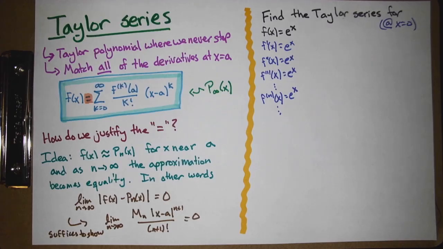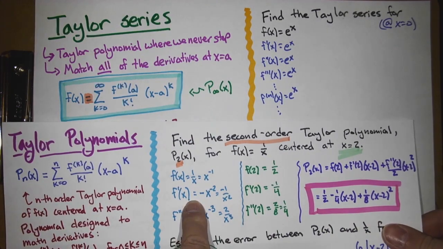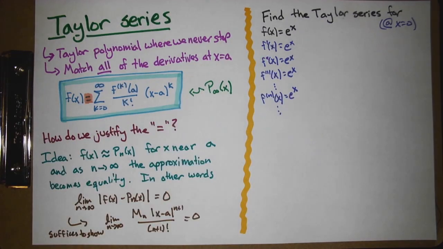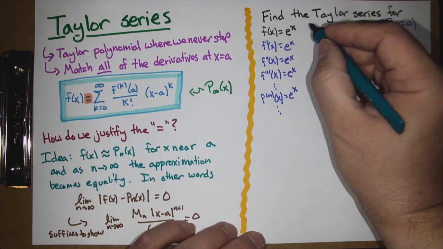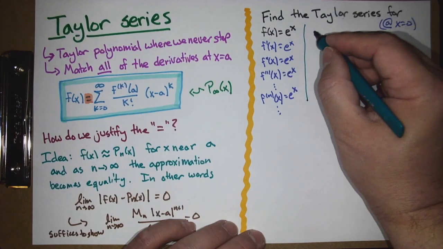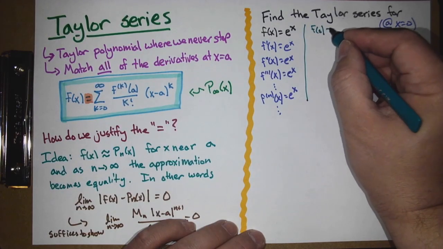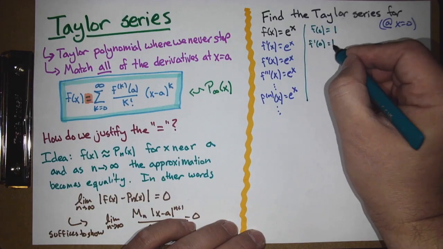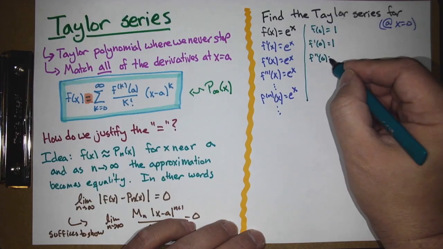Okay, so the good news is it's easy to find a pattern in the derivatives. But after you find the derivatives, what do you need to do? When we were doing Taylor polynomials, we found the derivatives, and then we plugged in. So what are we going to do? Plug in. What's f of 0? 1. What's f prime of 0? 1. What's f double prime of 0? 1.